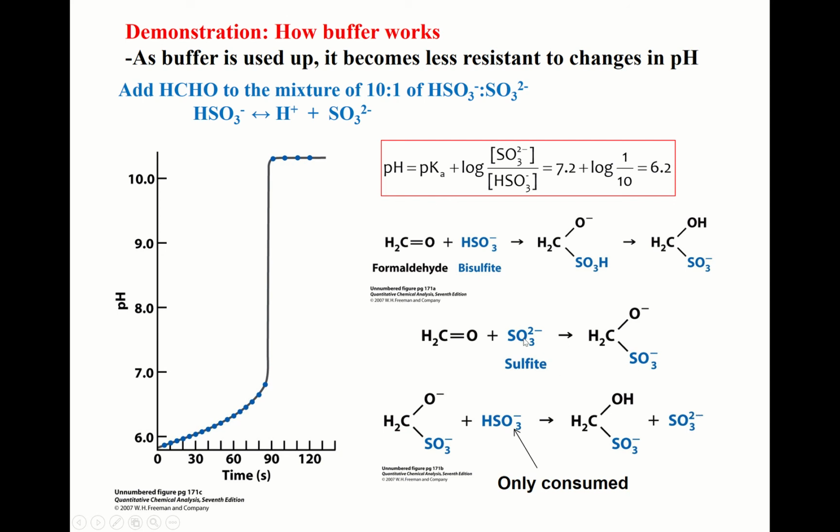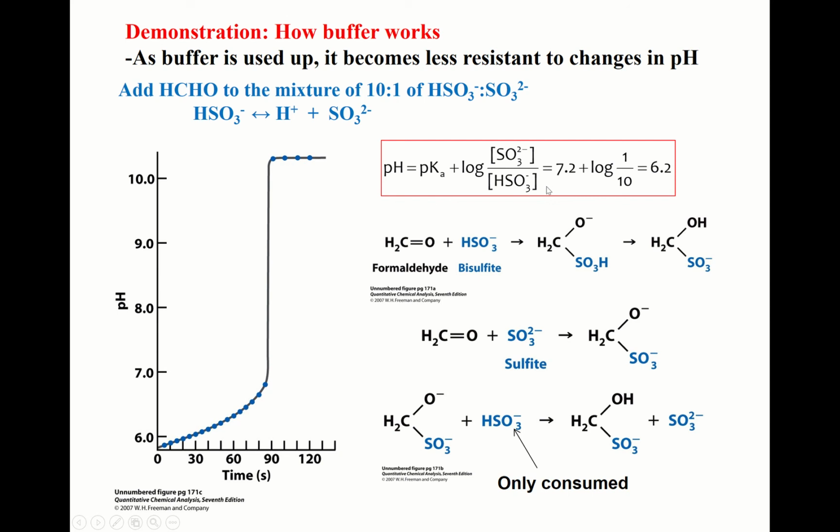It is consumed here, but it's regenerated.